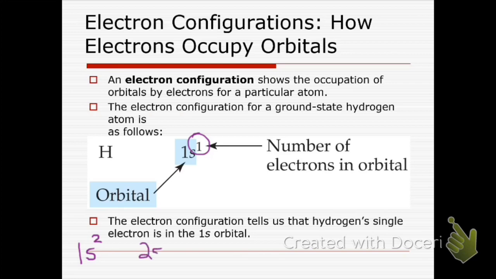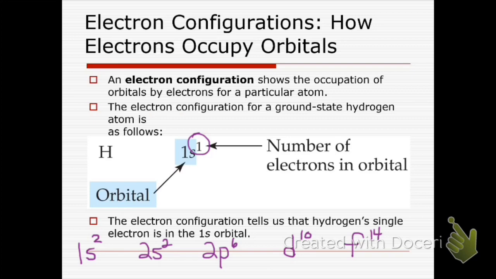So we could have 2s2, that could be filled. Whenever we draw a p orbital, because there are always 3 p shapes, they each hold 2, you will never see more than a 6 for a superscript. With a d shape, there's 5 of those, so obviously the highest number that would go with a d would be 10. And f, because there's 7 of those, it would be 14.